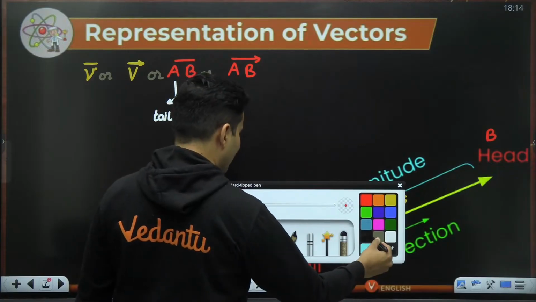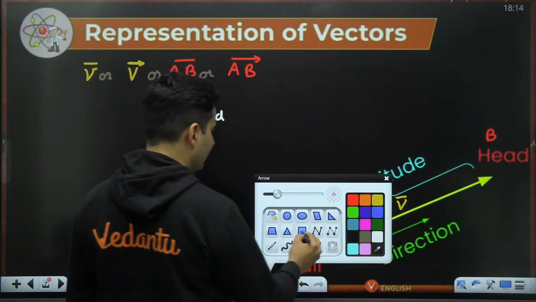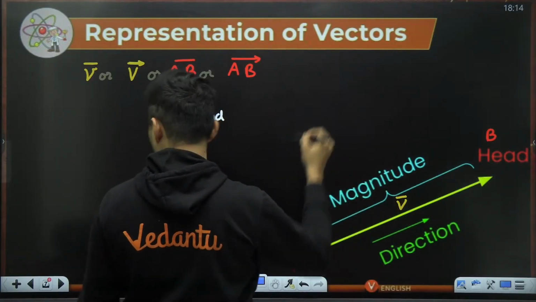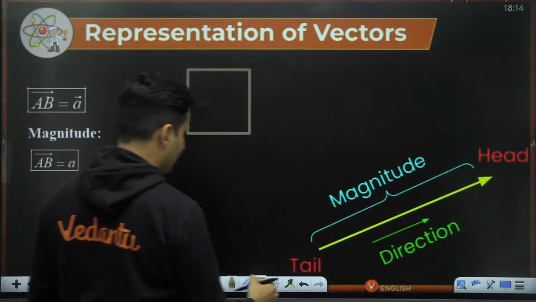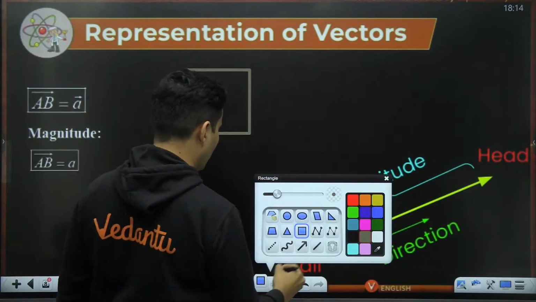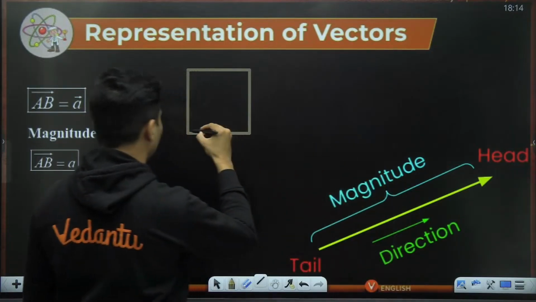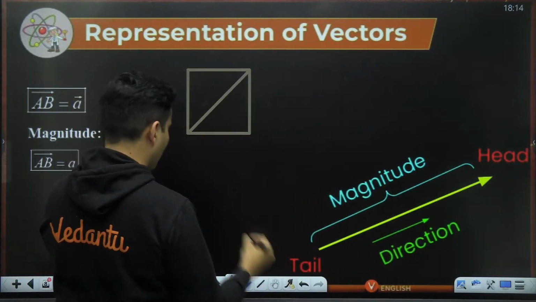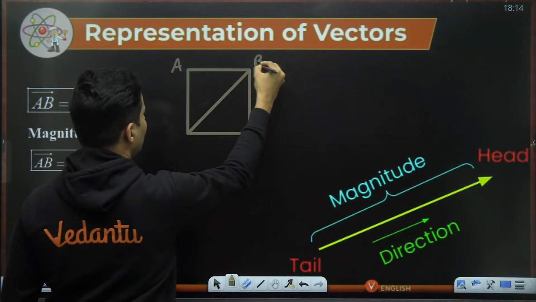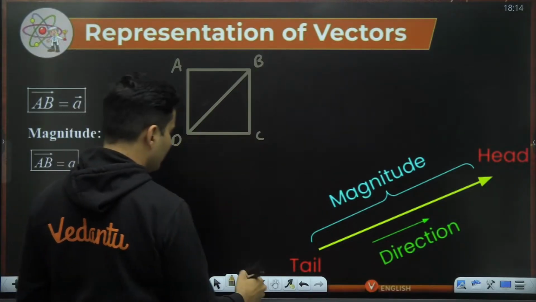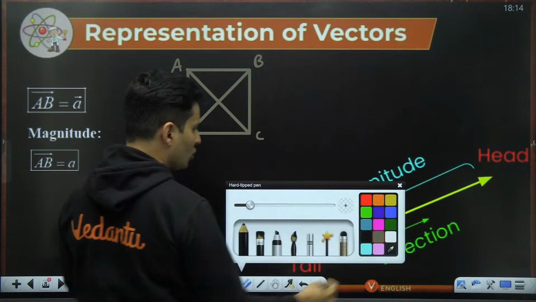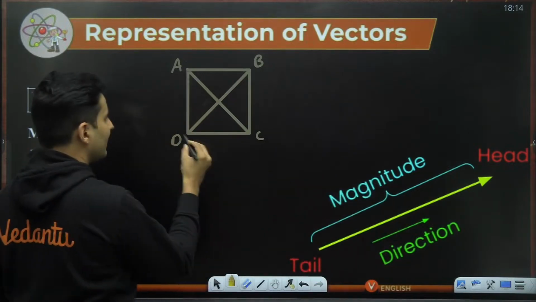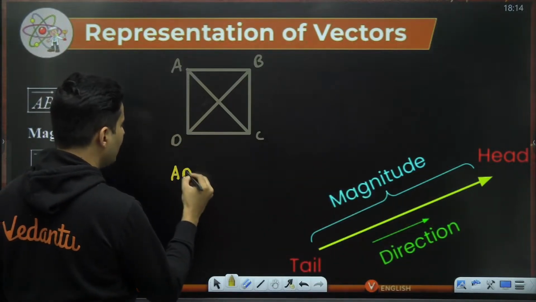So say for example, if I take a square, or let's say some kind of polygon or some kind of geometrical figure, I can mark points A, B, C, D, like this. So I can make so many vectors out of them. For example, vector AD bar.